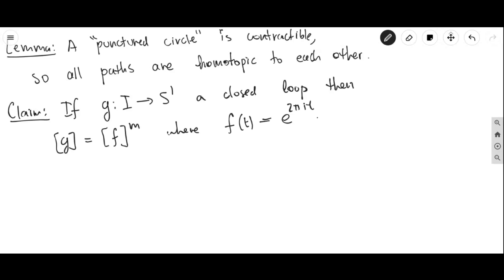So here's how we're going to prove this. Proof of claim, not proof of lemma. I think the lemma is clear. We talked about that before.